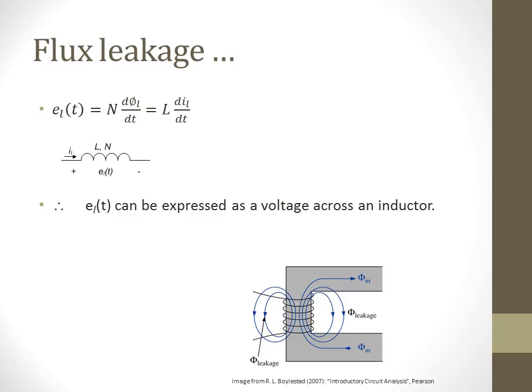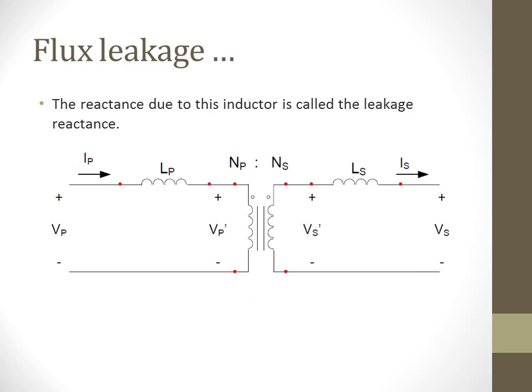Therefore, we can express the voltage due to the leakage flux by an inductor in our equivalent circuit. Since we have leakage flux on both sides of the transformer, we can indicate this by two series inductances added to our ideal transformer model.